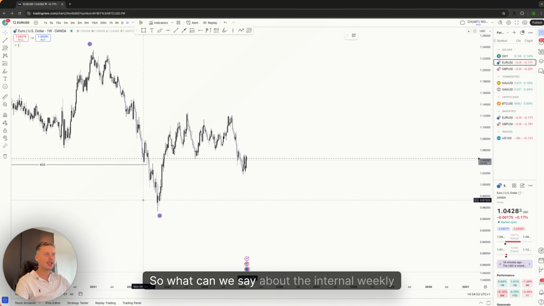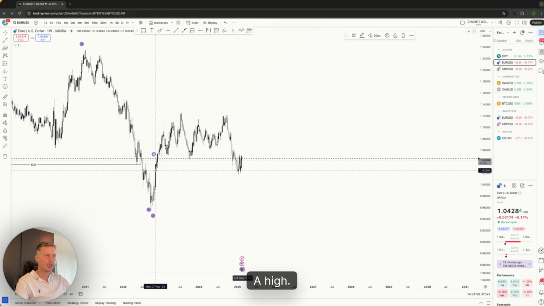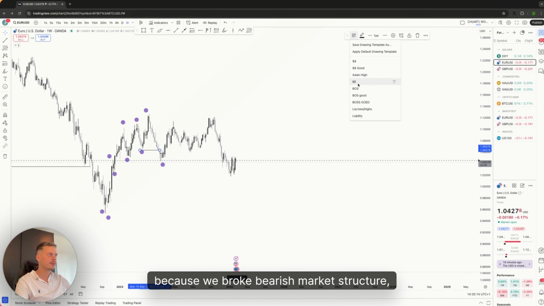So what can we say about the internal weekly market structure is that we have a low, we have a high, we have a low, we have a high, we have a low, we have a high, we have a low, we have a high, and we have a low. And what happened here is pretty interesting, because we broke bearish market structure, right?